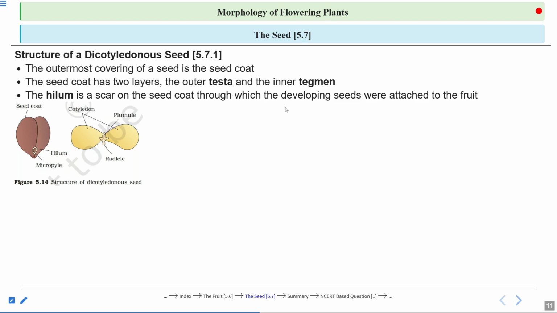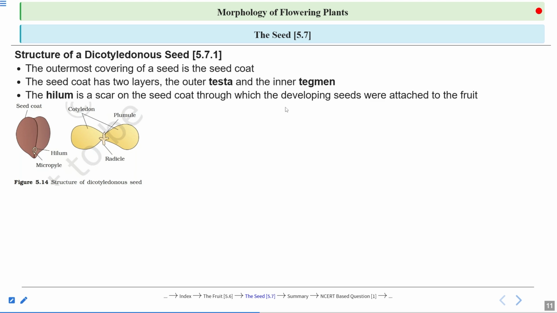So everything you study is explained. You can explain because your ovule transformed into seed. So inside the ovule, there is an integument. After the formation of seed, where has this integument gone? The outer one is called testa and the inner one is called tegmen.